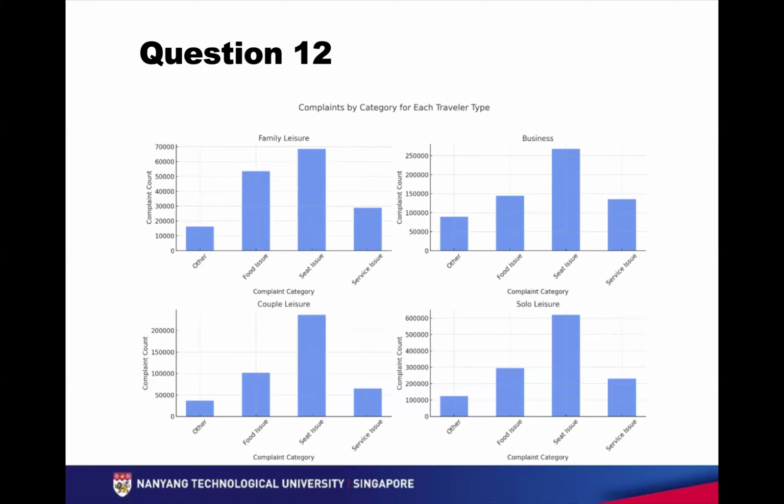At the same time, they may want to sit together. As a result, we could suggest the airlines offer more flexible choices for them to sit together. And lastly, for solo leisure, as we can see, that is quite a normal distribution.